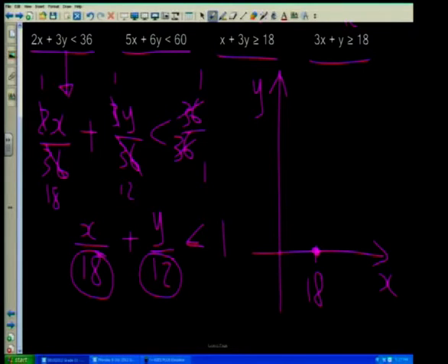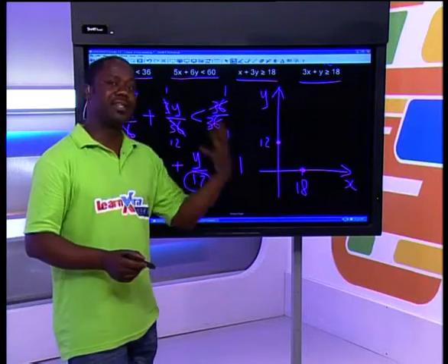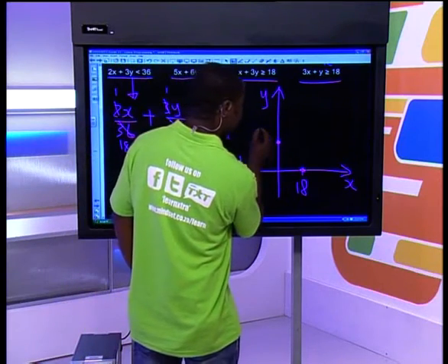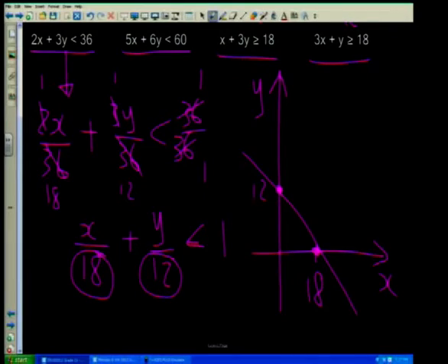On the y-axis, you're going to mark 12 as your y-intercept. Very quick. This is the quickest method. You can always look at the equation and say, I know what I had. In fact, earlier on I said let x be equal to 0, let y equal to 0. You can still use that, and it will give you the same answers. So there you are. This is how you draw this equation. In fact, let me deliberately represent this line as dotted.